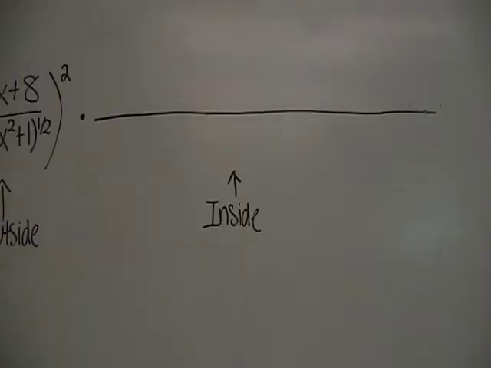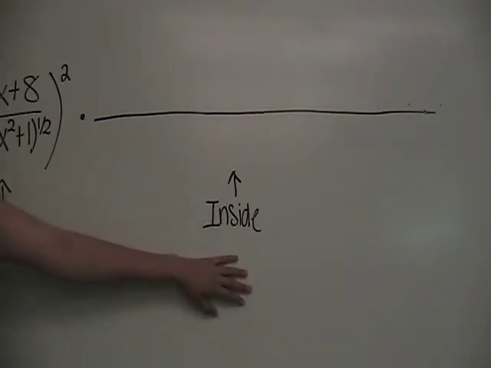Now that we found what f of x, g of x, the derivative of f of x, and the derivative of g of x is, we can plug it back into the equation, also known as the inside part of the chain rule.